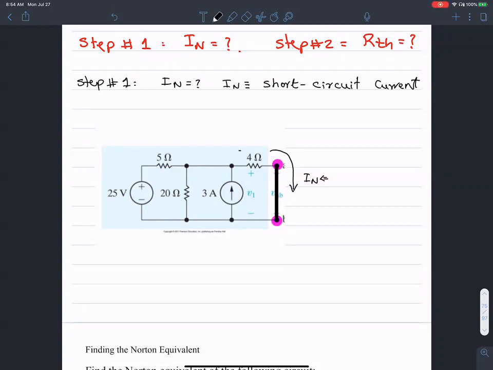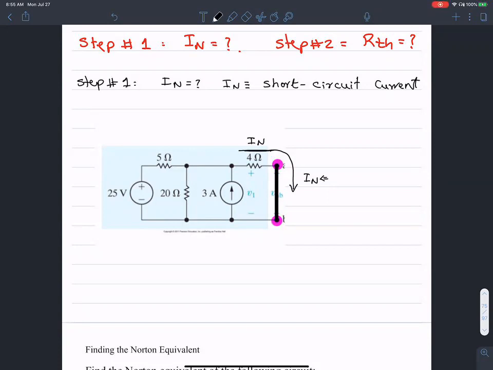Or in other words, I'm interested in finding the current flowing in the 4 ohm resistance. Does that make sense? When I wanted to find the Thevenin's equivalent, I found the open circuit voltage, right? Thevenin's equivalent is the open circuit voltage, while the Norton's current is the short circuit current.